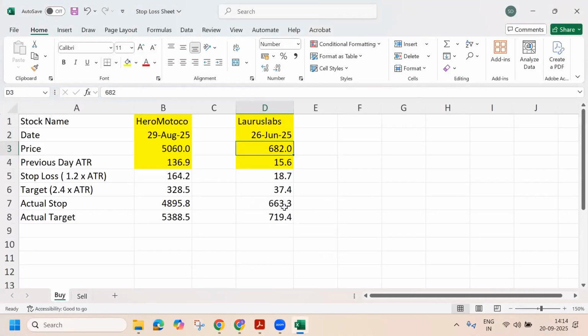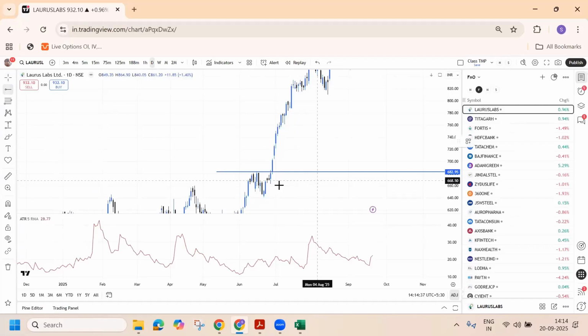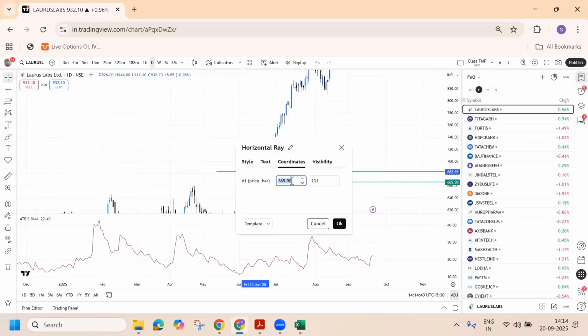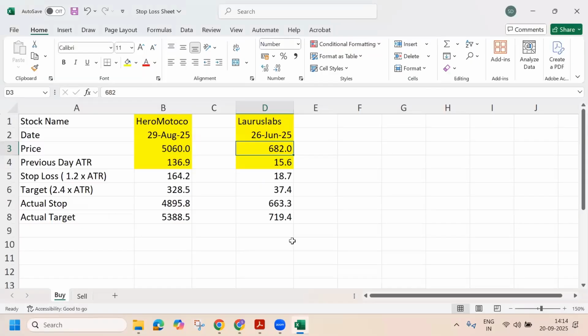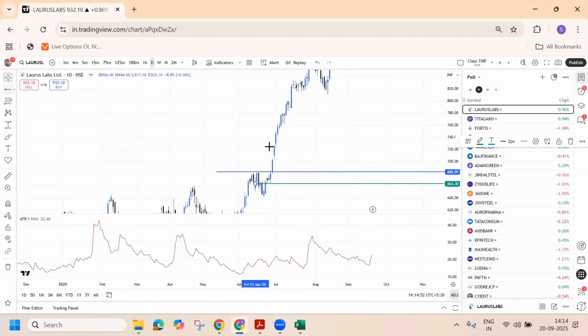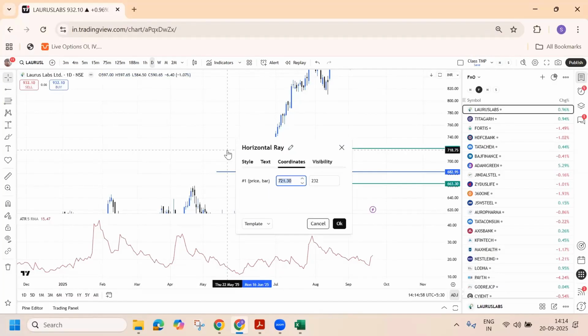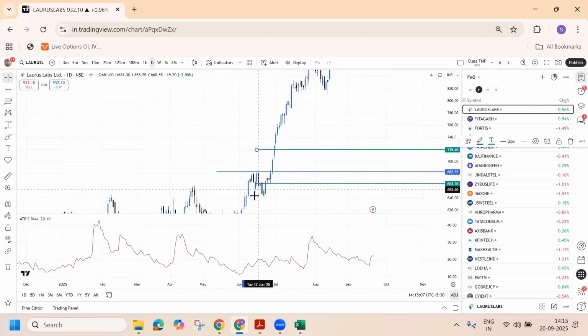So my stop loss is 663.3. This is my stop loss. My target is 719.4. Fine. Very good trade.